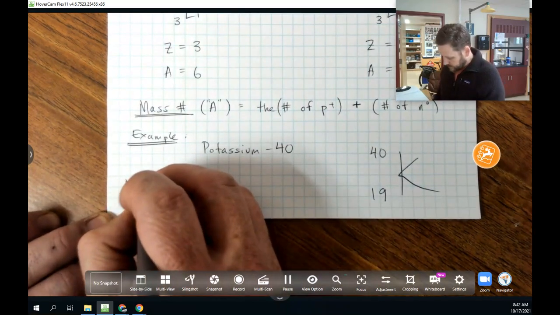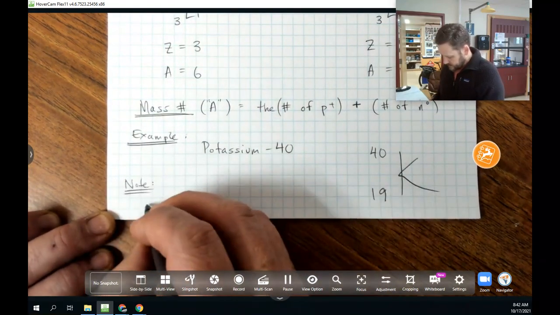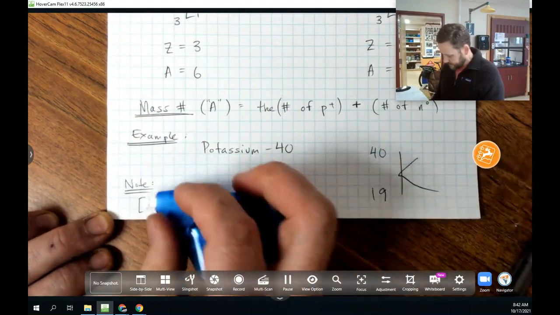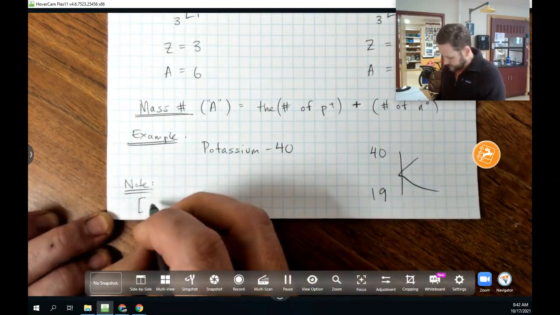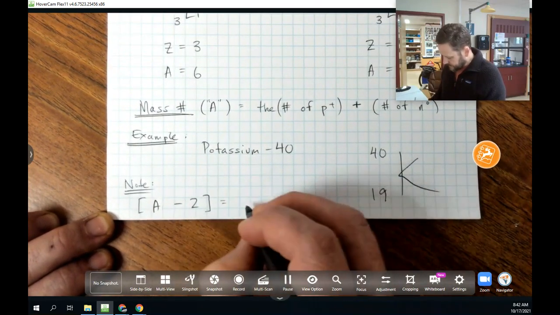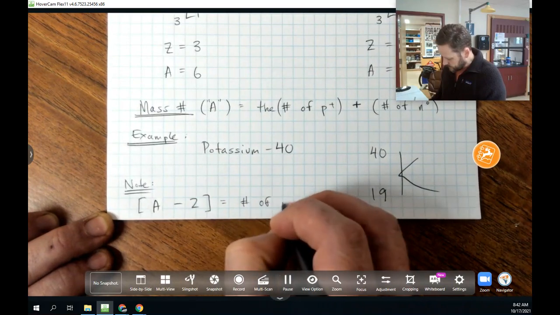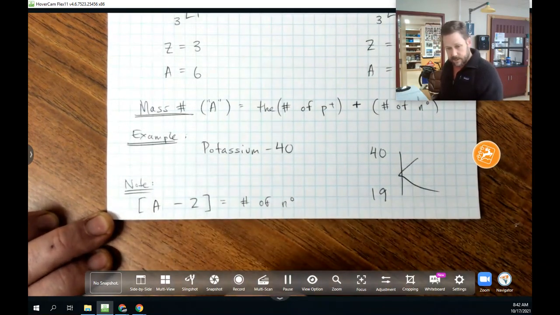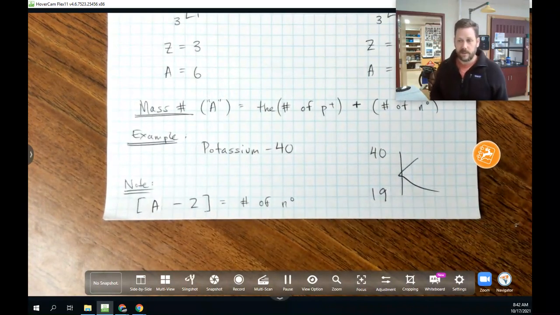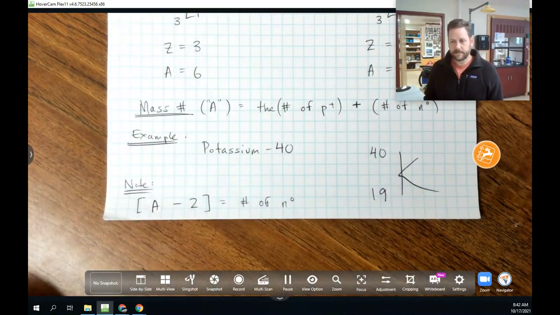I'm going to write note: if I take A, the mass number, minus the atomic number, then I get the number of neutrons. So mass number minus atomic number is going to give you the number of neutrons. In this case, 40 minus 19, 21 neutrons.